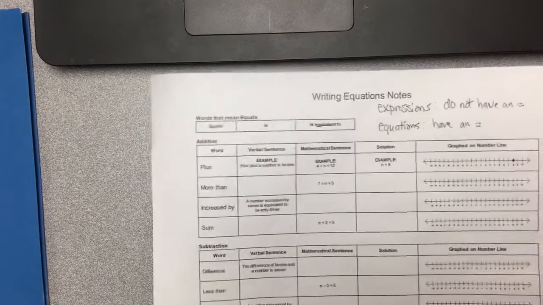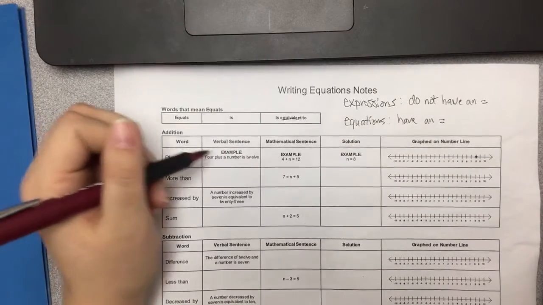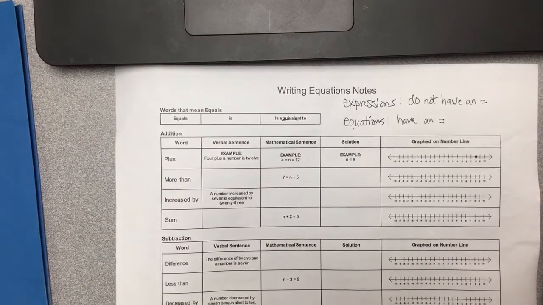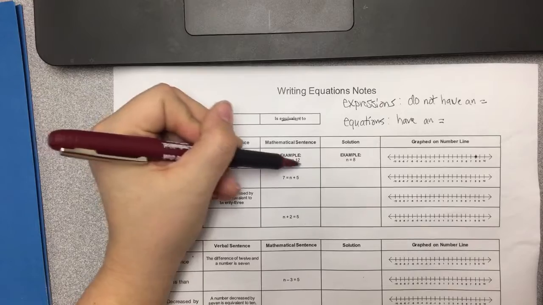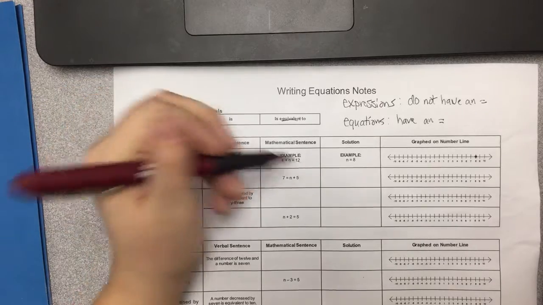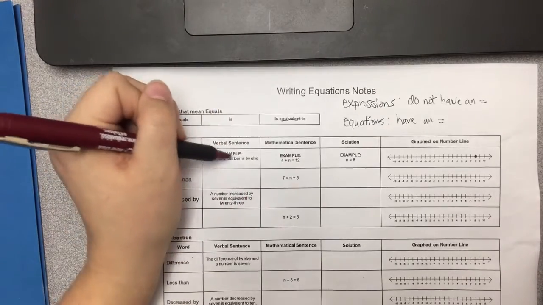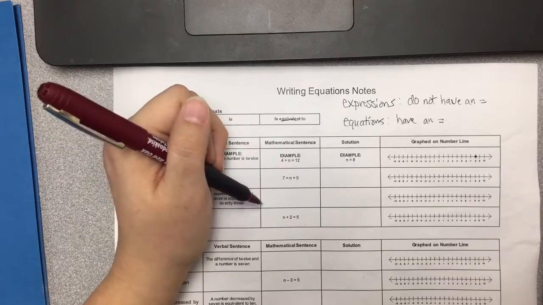Okay. So our first example is plus. 4 plus a number is 12. Well, that's easy for us to see because 4 plus n equals 12. It sounds very similar. In this case, instead of just putting a number, we put n as our variable.